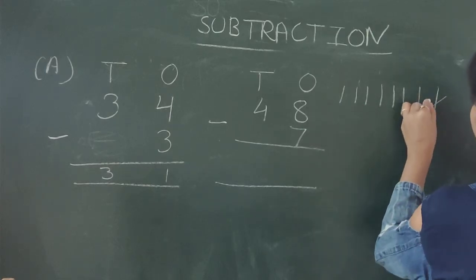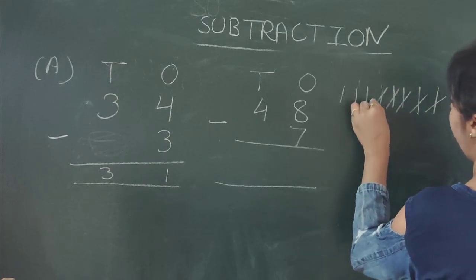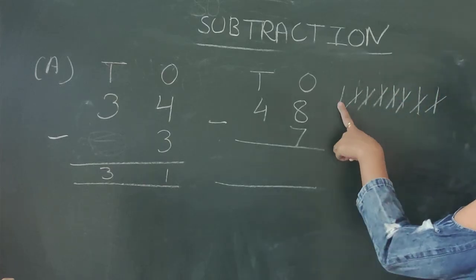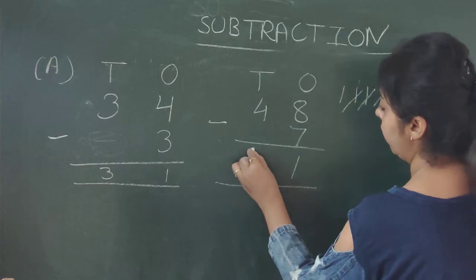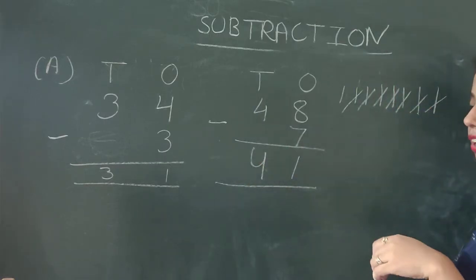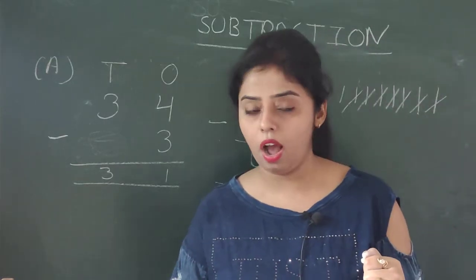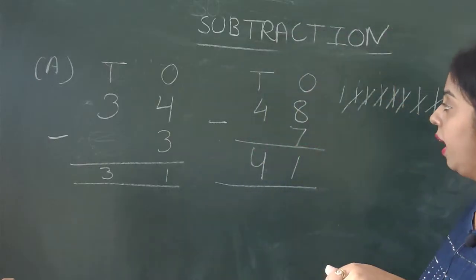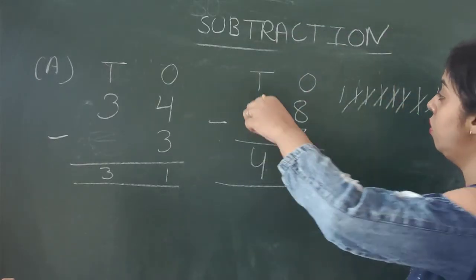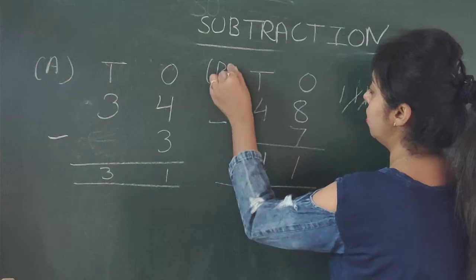Cut the 7, 1, 2, 3, 4, 5, 6 and 7. 1 and 4 is the same. 41 is the right answer. Okay. Any problem, all of you? Right now, fast.